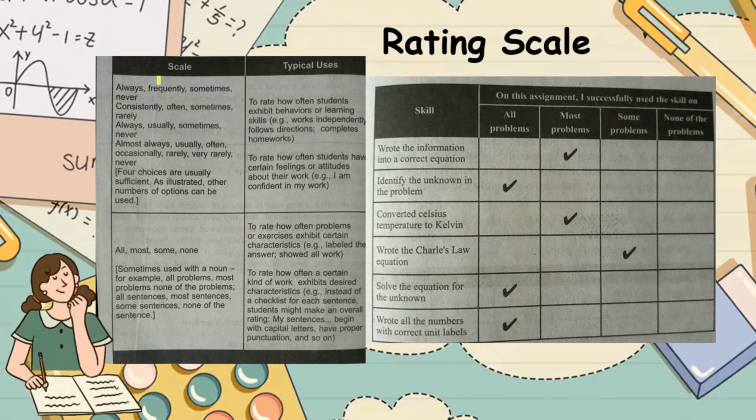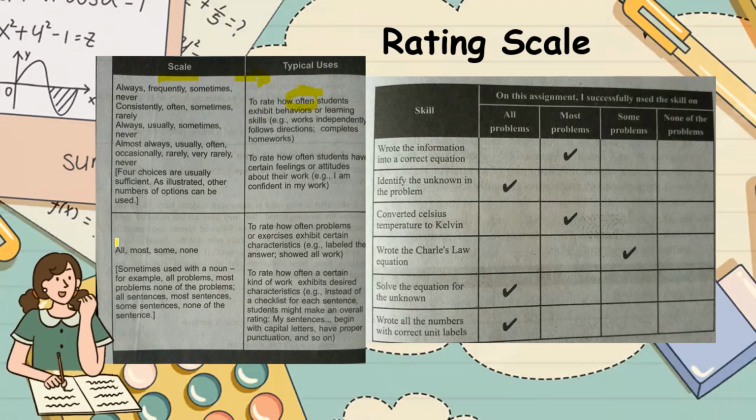So we have here the scale, and the corresponding scale that you may use is, for example, always, frequently, sometimes, never, and so on. For the scale, it also indicates here the descriptor on when or how to use them. For example, always, frequently, and so on, is used to rate how often students exhibit behaviors.